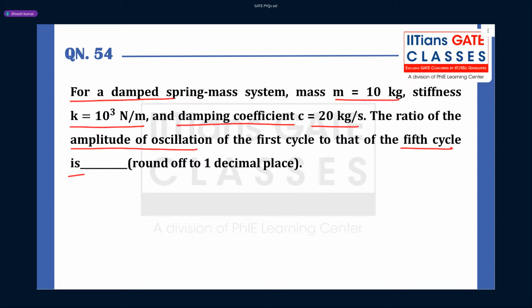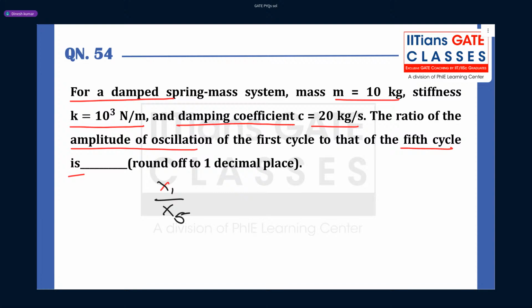So in this question they asked for x1 by x5, and we have done a similar problem earlier also, right?